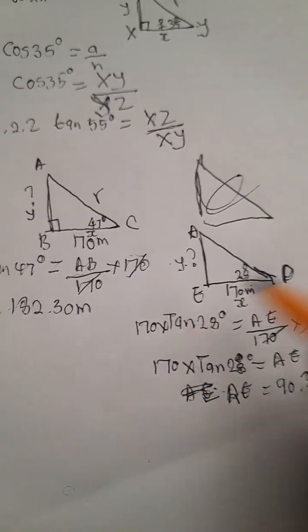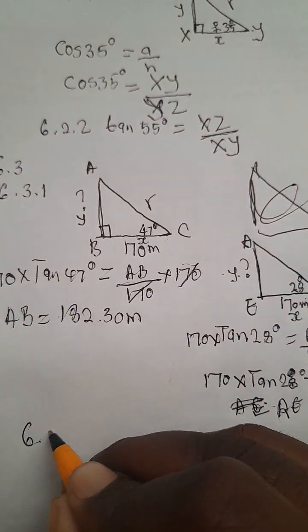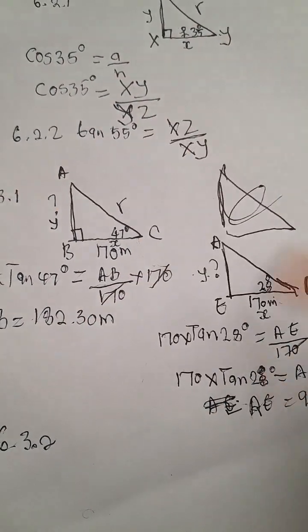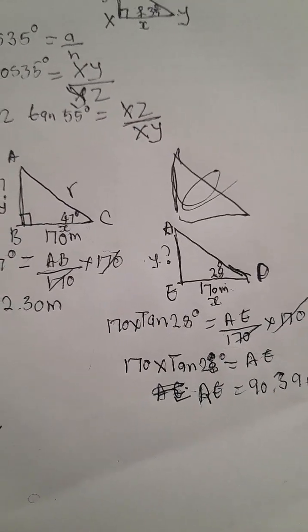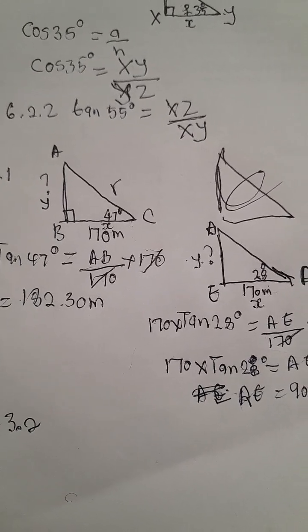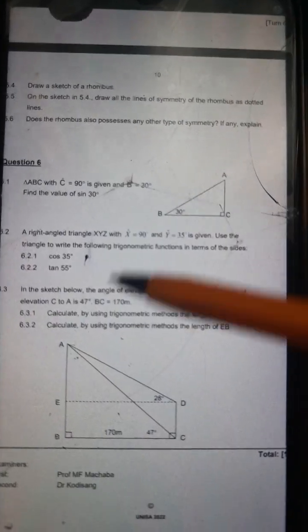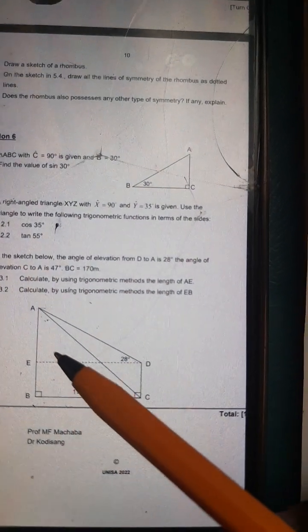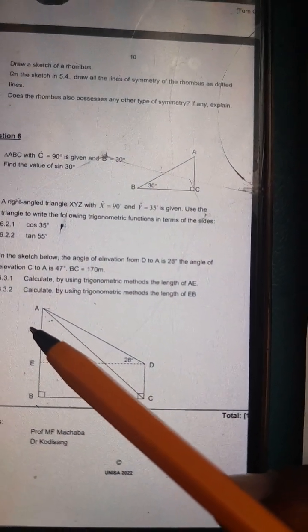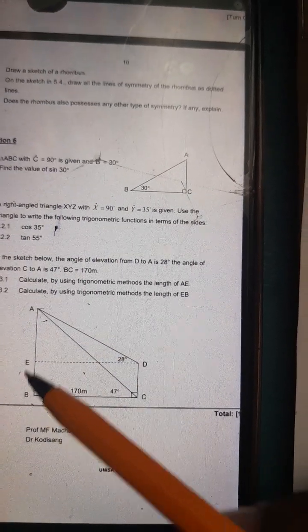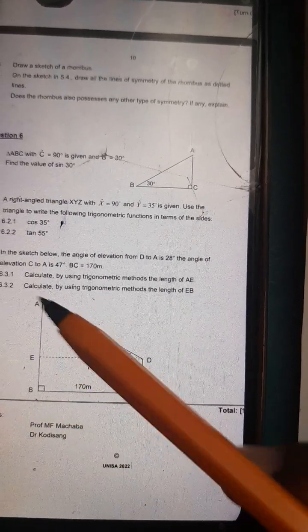That was 6.3.1, and now 6.3.2. So I did show you how we tackle such: start with a triangle that has the most information. Now we're looking at EB. Remember we did calculate that AE is 90,39, and we know that AB is already 182,30.